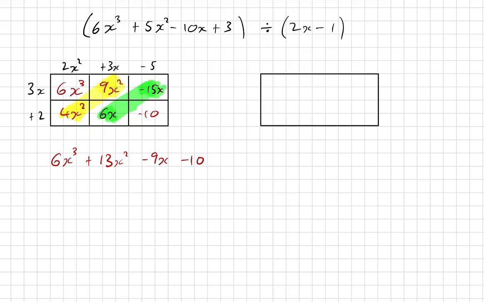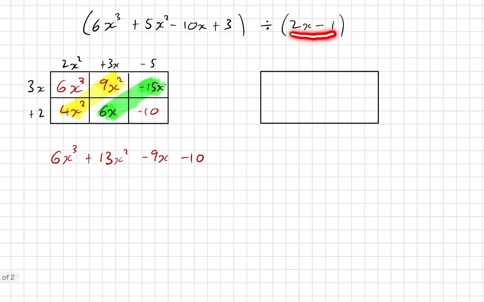So now we have a rectangle on the right hand side, and we know this time that the area is 6x cubed plus 5x squared minus 10x plus 3. And we know that one of the sides has a length of 2x minus 1. As I said, we like to have the answer on top, so let's put the 2x minus 1 down the left hand side.